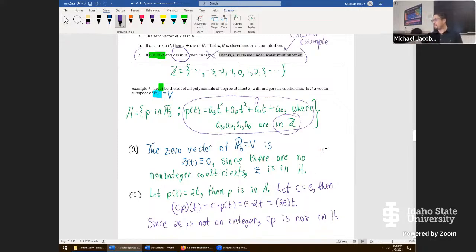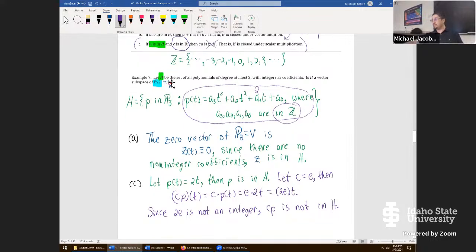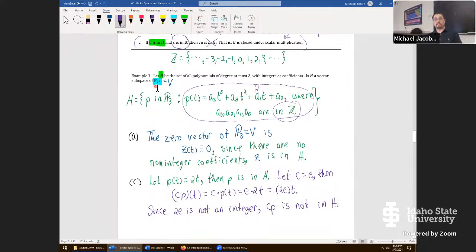The last conclusion we have to make is that set H, as interesting as it is and rich with structure, it's just not a subspace of P3. It's not a vector space in its own right. You'd have to define a whole new set of operations. So here's our end conclusion.